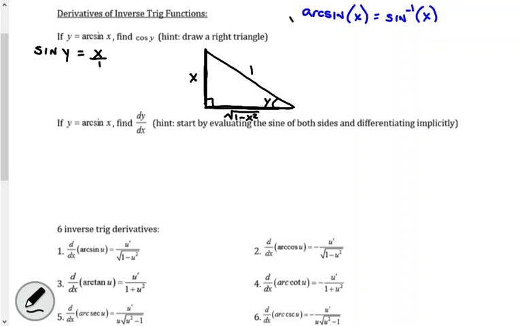We're struggling today. Okay. Now, let's take the derivative of sine y. It's, what is it? Okay, cosine y, not done. Cosine y what?